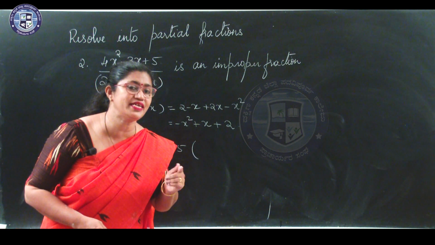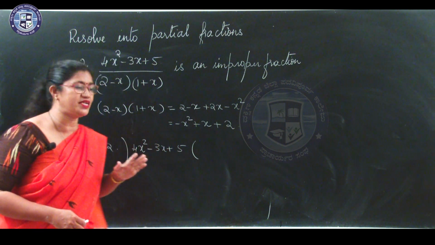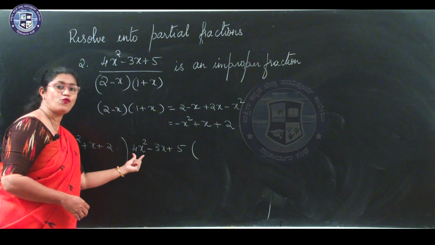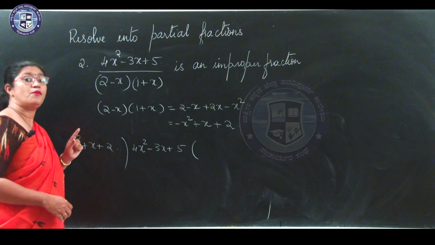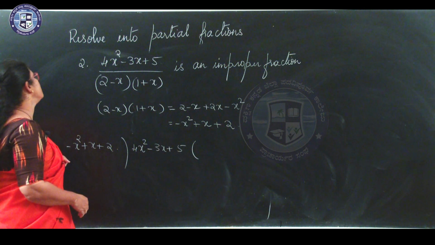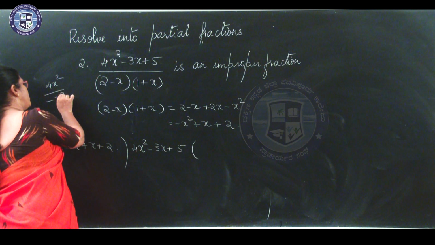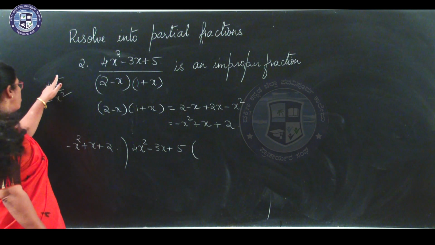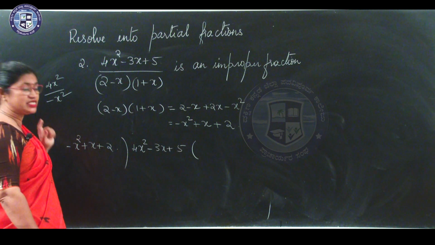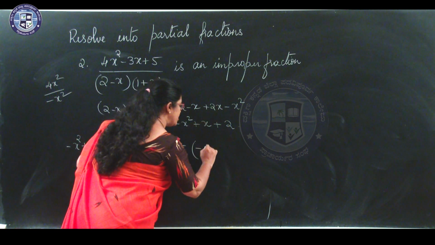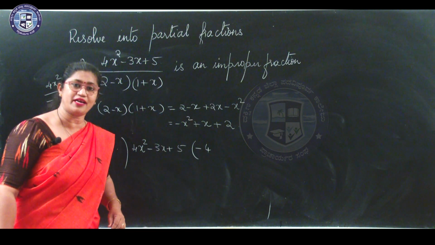First term of the numerator divided by first term of the denominator. So, what is this? 4x square. What is there here? Minus x square, be careful. So, think 4x square divided by minus x square. What will it give you? It will give you minus 4, yes. So, it goes minus 4 times.